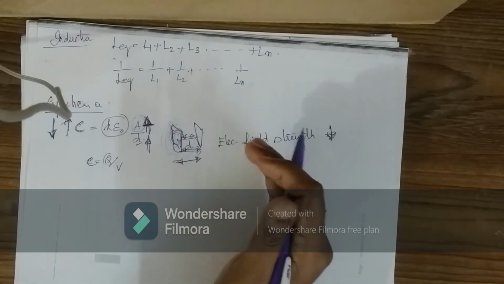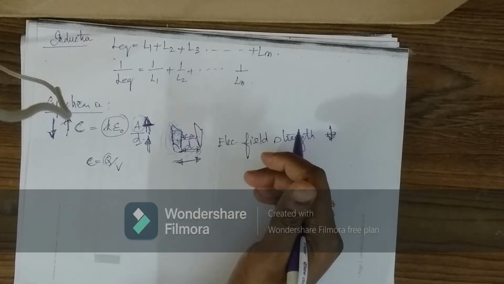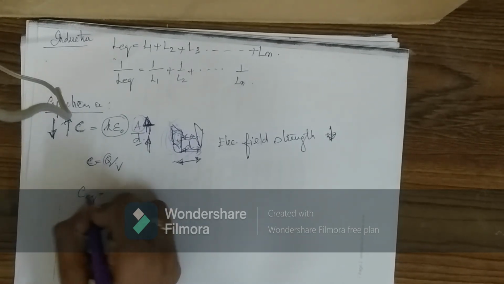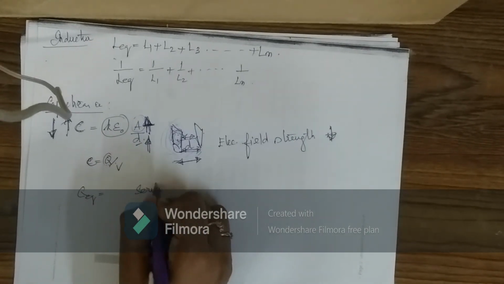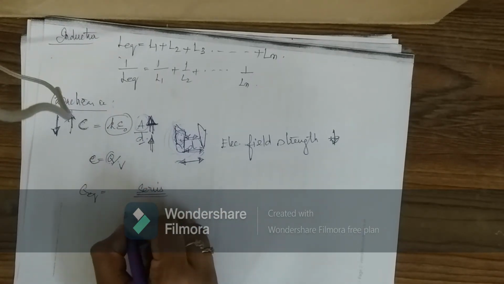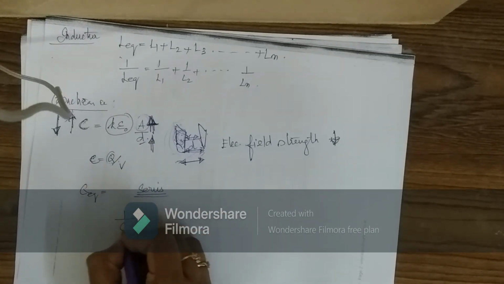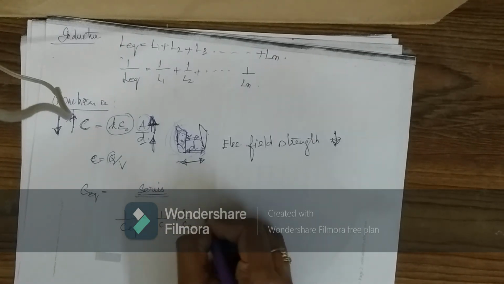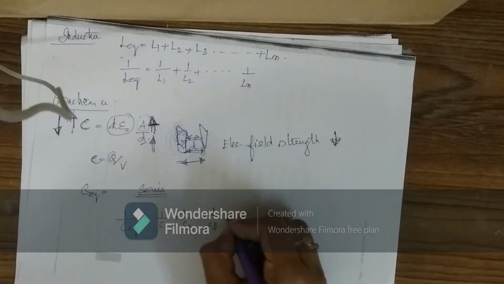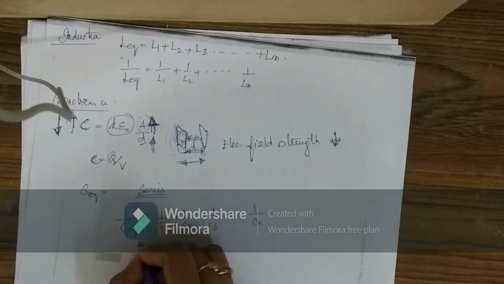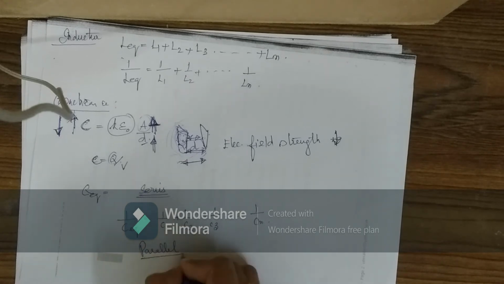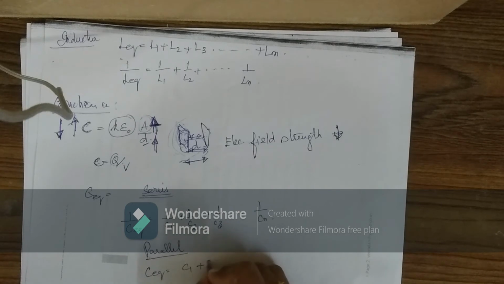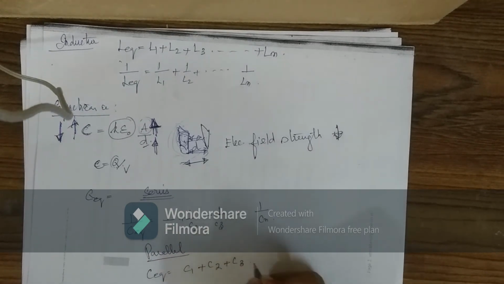For the equivalent capacitance C equivalent, the series circuit is just opposite to that of your resistor. For series, C equivalent is equal to 1 by C1 plus 1 by C2 plus 1 by C3 up to 1 by Cn. For parallel, C equivalent is equal to C1 plus C2 plus C3.